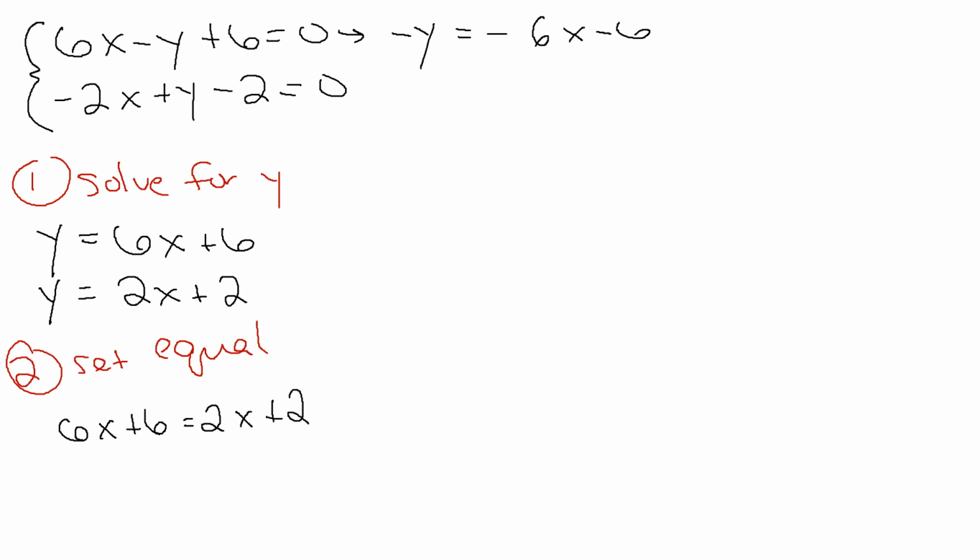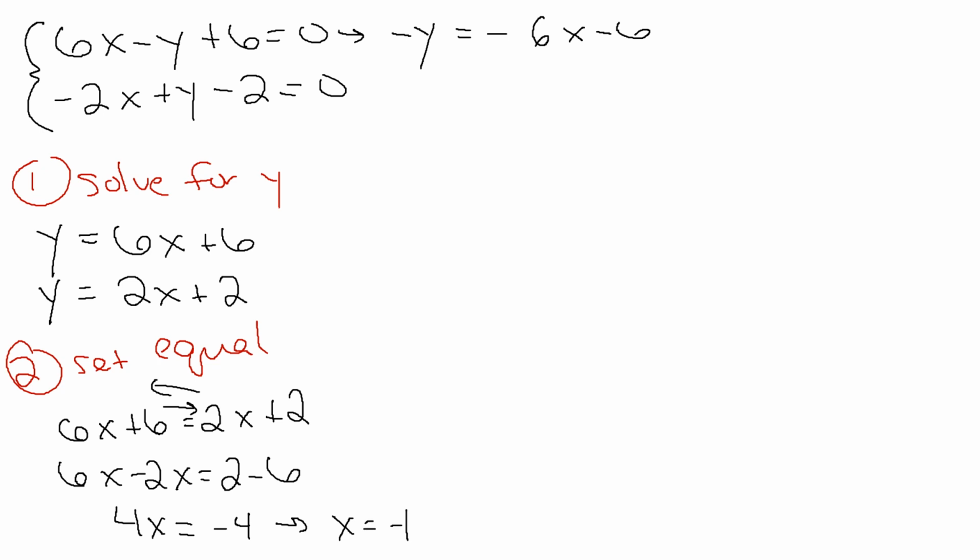I'm going to move my 2x over this way, move my 6 over that way. 6x minus 2x is 4x. 2 minus 6 is -4, which means x equals -1.